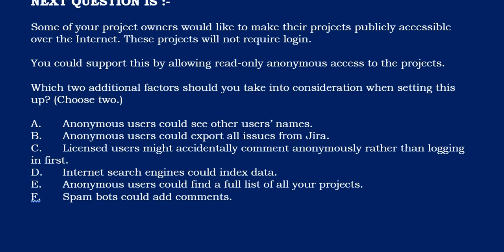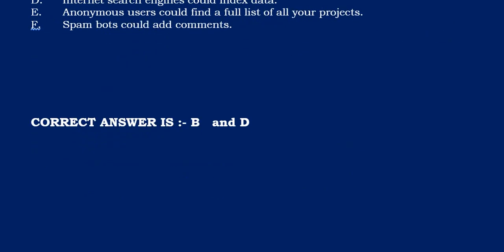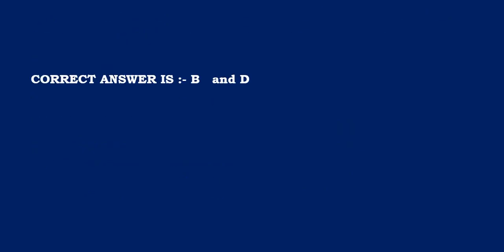Option D. Internet search engines could index data. Option E. Anonymous users could find a full list of all your projects. Option F. Spam bots could add comments. The correct answer is option B and D.